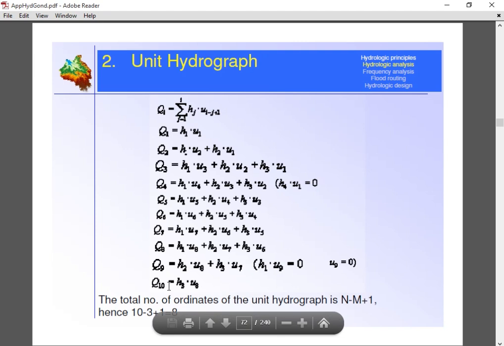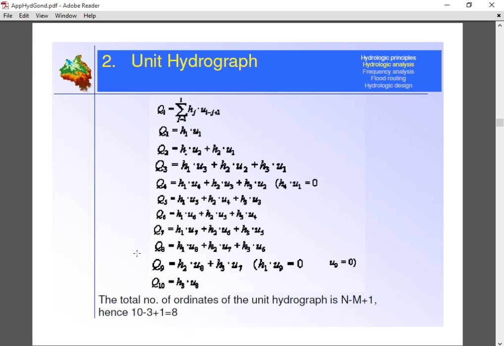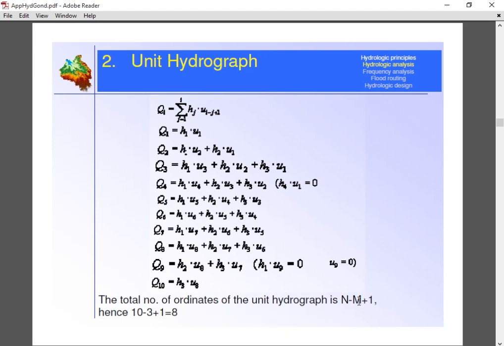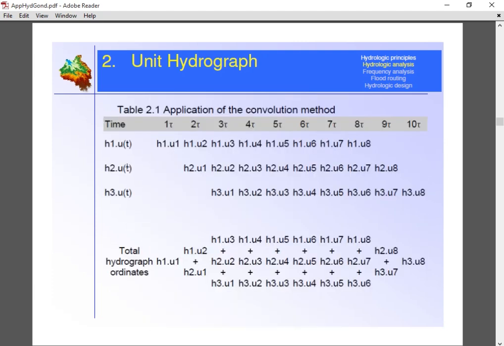The total number of ordinates of the unit hydrograph is given by n minus m plus 1. We have 10 discharge values, that is n, and m is the number of precipitation records. For this case, we have three records, h1, h2, and h3.